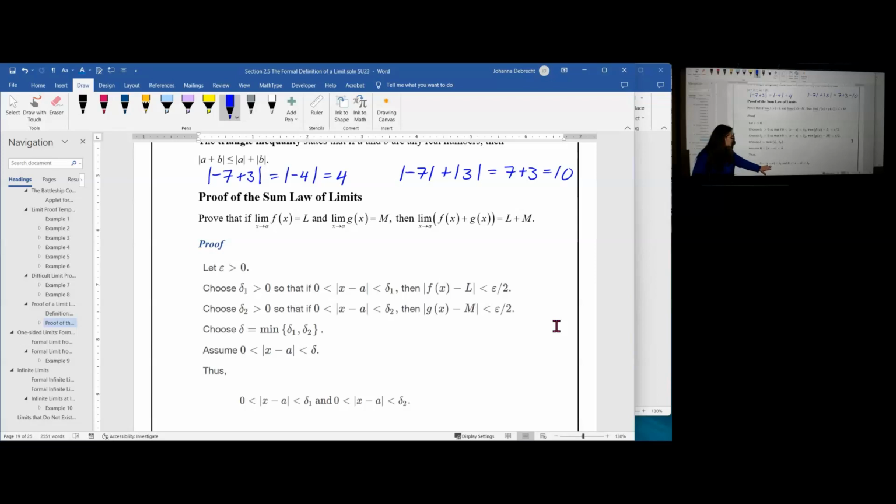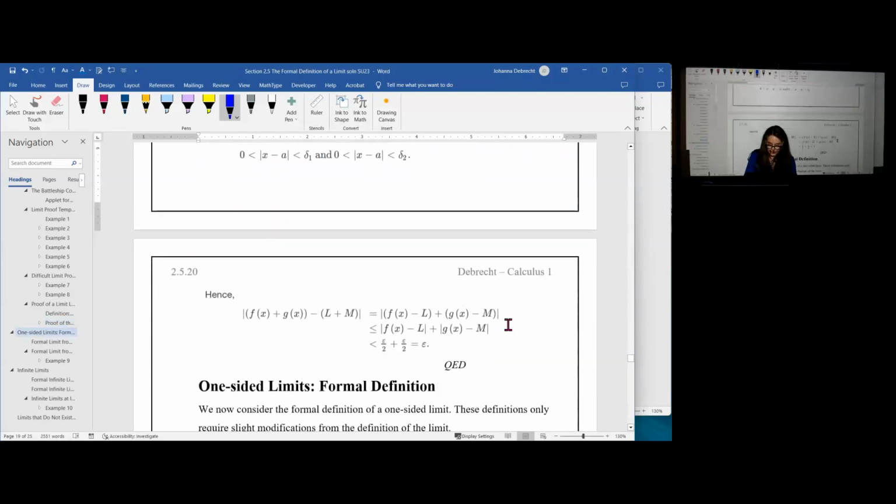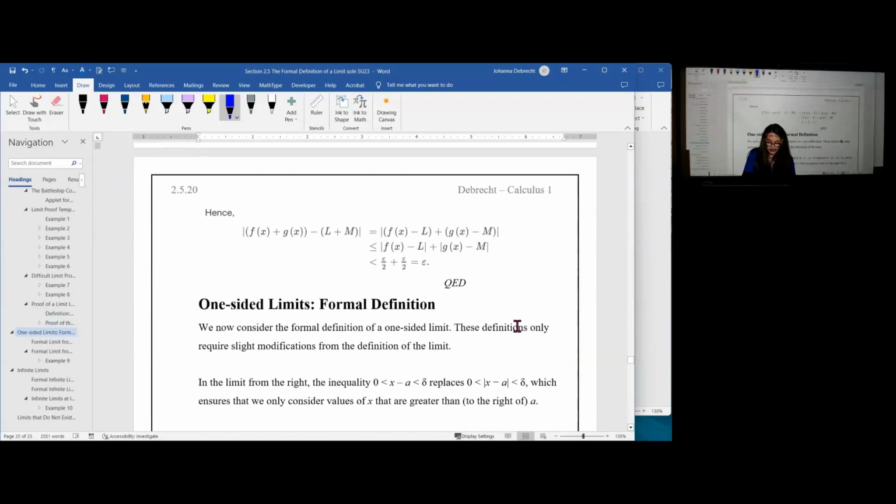This means that 0 less than the absolute value of x minus a less than delta 1, and 0 less than x minus a less than delta 2, implies that 0 less than x minus a is less than delta. And then I say that the absolute value of f of x plus g of x minus L plus m, I can rewrite these and reorder them so that I have f of x minus L and g of x minus m.